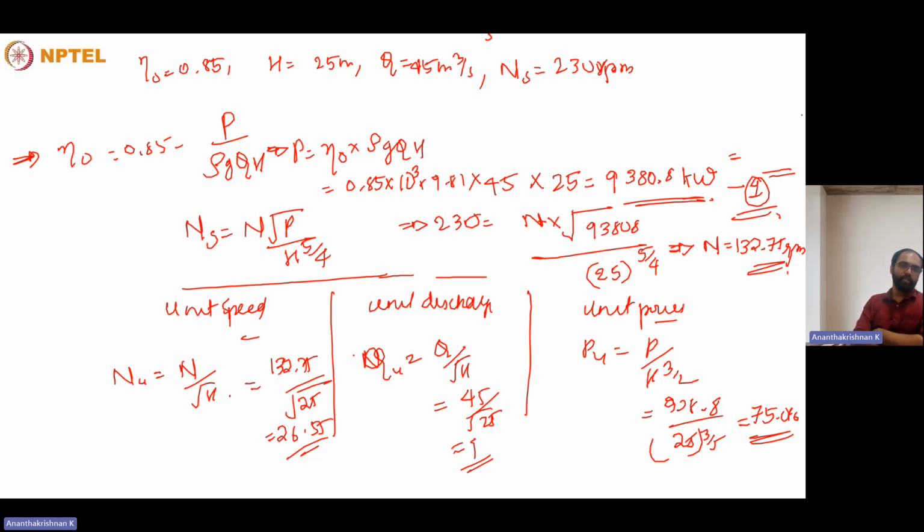Here in this problem, since it is directly given as 230 RPM, we could directly put that in the equation, substitute the values, and then we can get the value of the operational RPM using the operational RPM and the head. Similarly, the operational discharge and head, and similarly, operational power and head, we can calculate the unit quantities in each and every case.